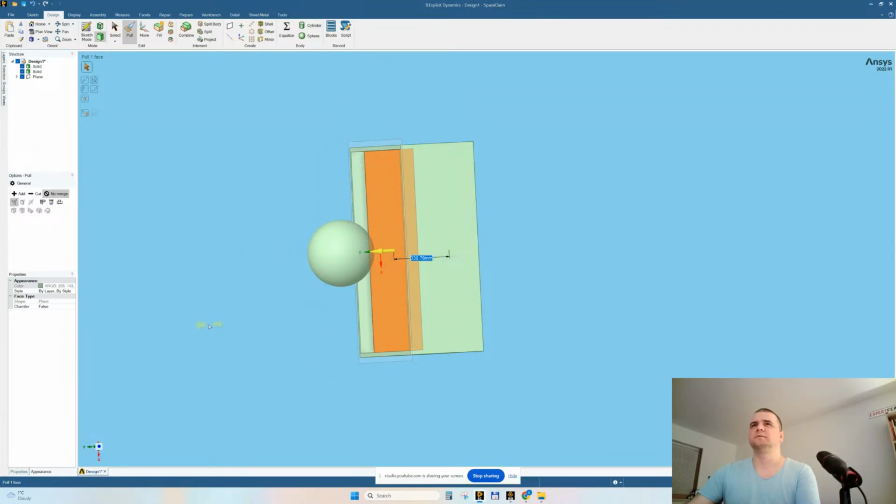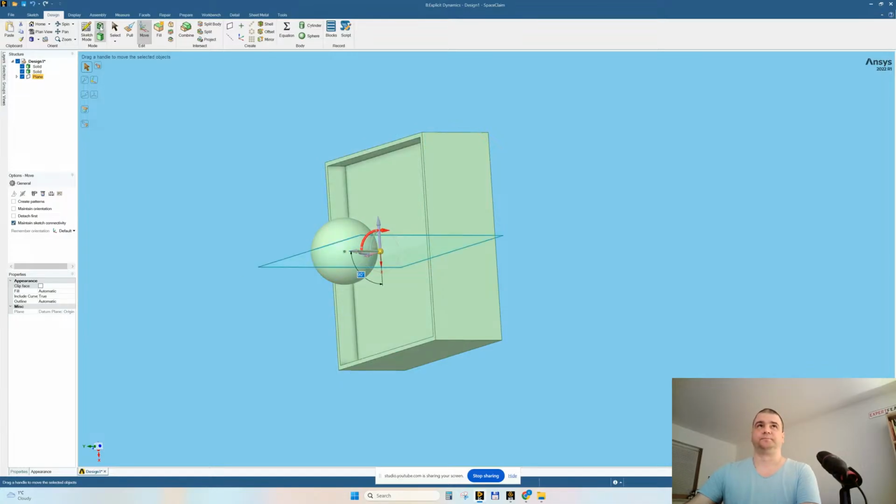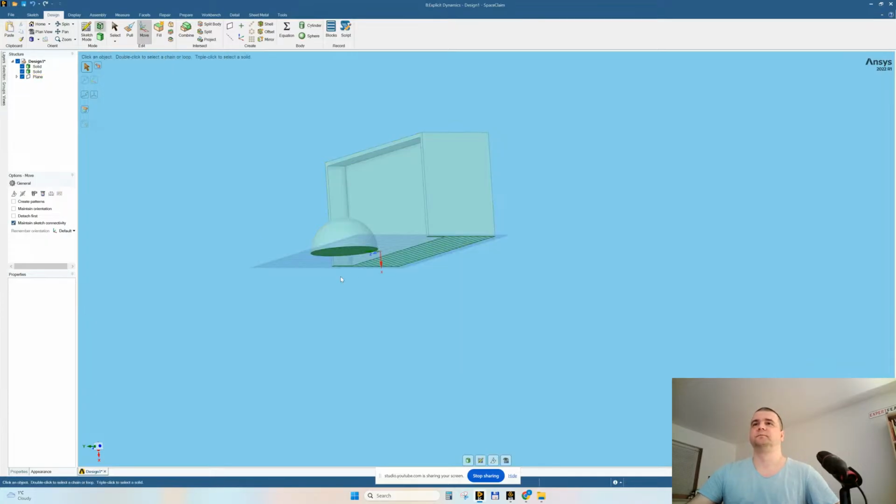Something like this. 300 millimeters. Okay. So if we go in section, I will click this plane, then move and rotate it. Double click here on the arrow. Then we go in section mode.